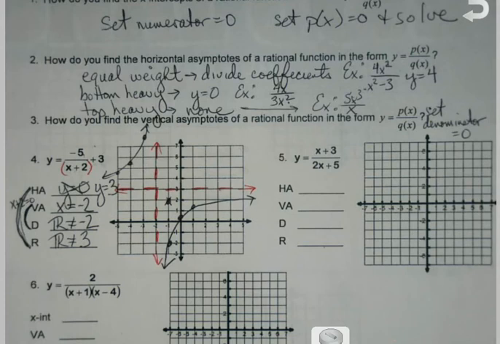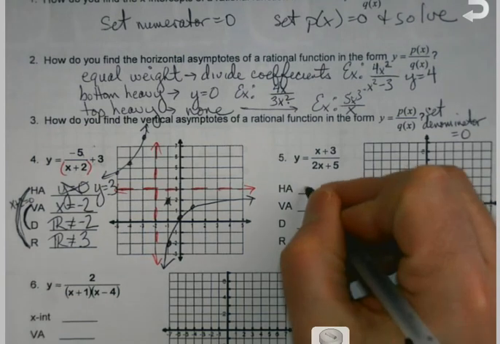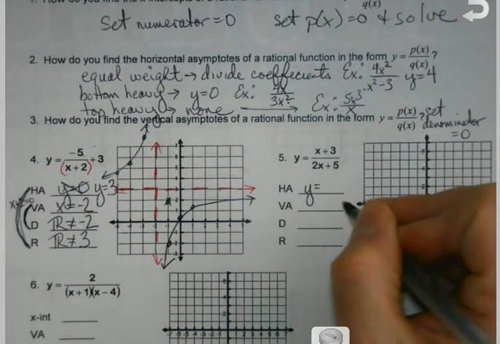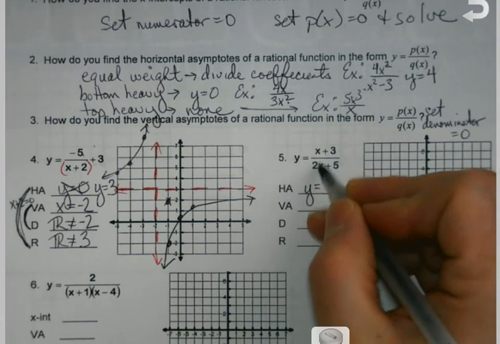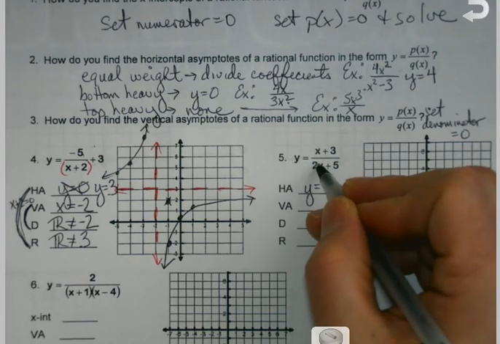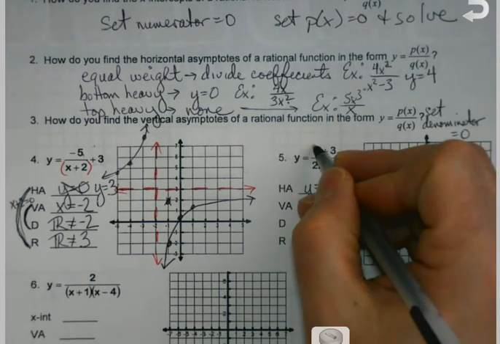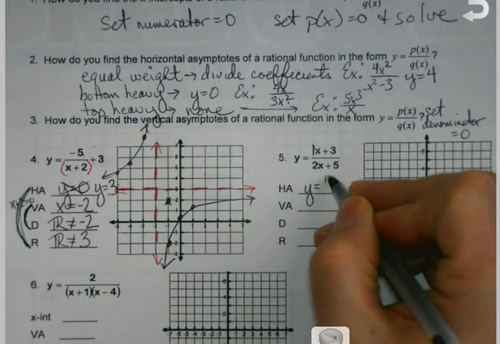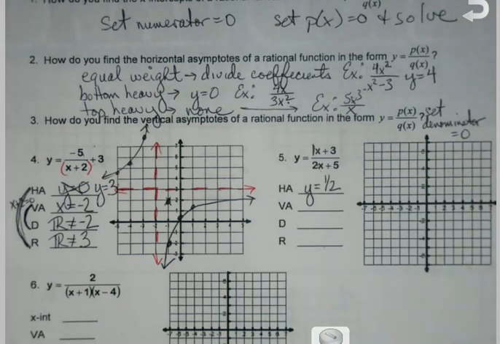So, okay, let's see. Help me out here on 5. Yes, sir. Horizontal asymptote is y equals 0. Close. Yeah, because these are equal weight. So if they're equal weight, I need to take the coefficients and divide those.